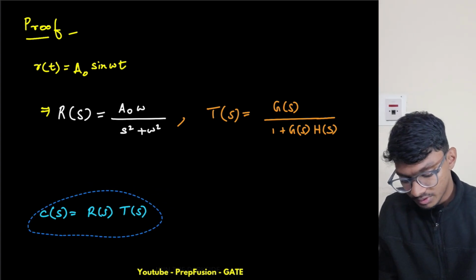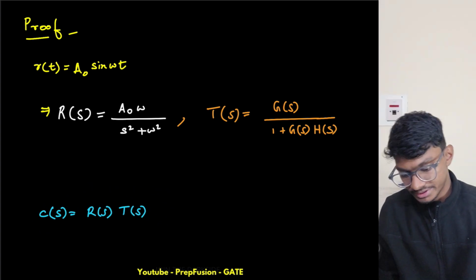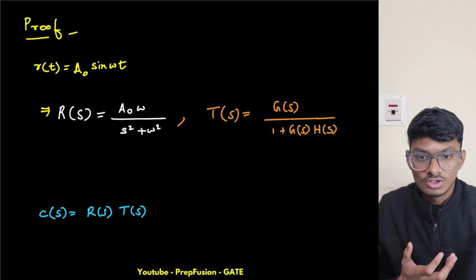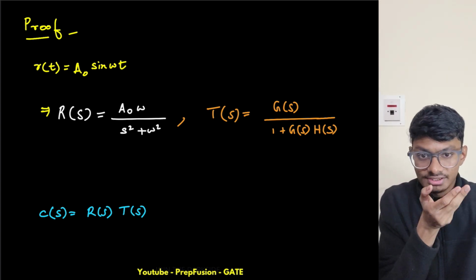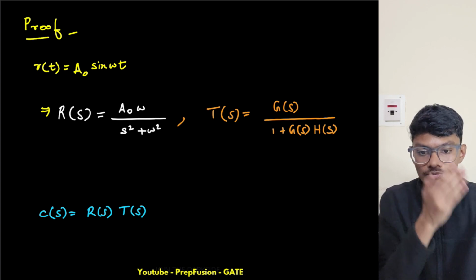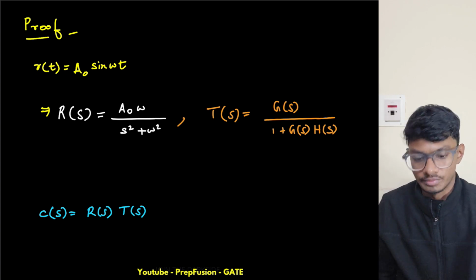Now I want to simplify this equation. So I will write this t of s as a function n of s by d of s, where n of s is a function of s in the numerator and d of s is a function of s in the denominator.